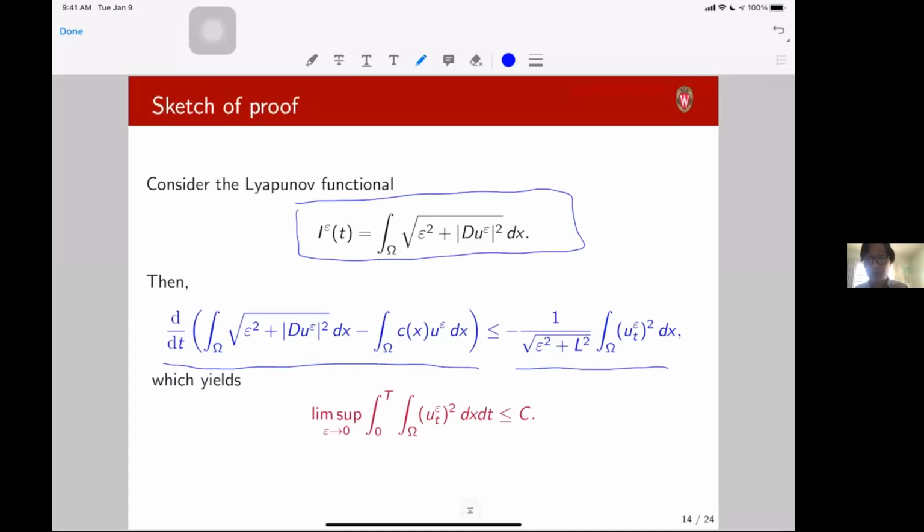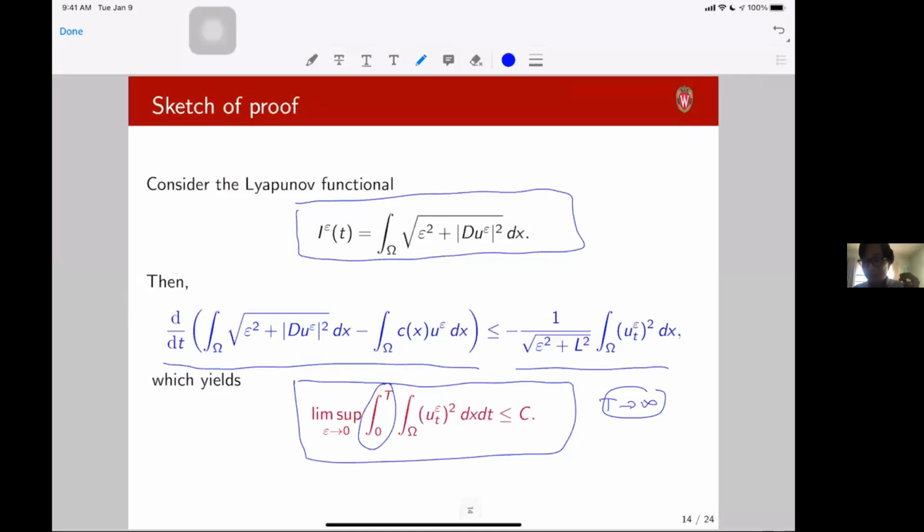Because u epsilon t is bounded, by integrating in time we get that the integral for any upper time t of u epsilon t squared is always bounded. It's clear that if you let t go to infinity, heuristically this integral is everything, right? But it's still bounded.